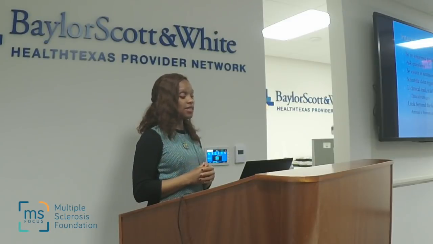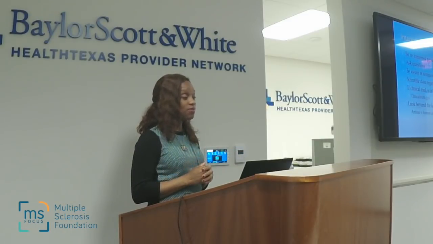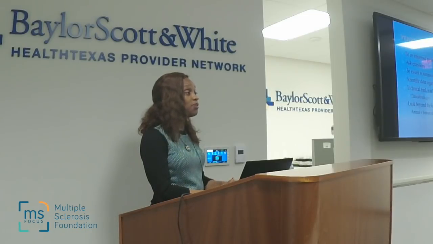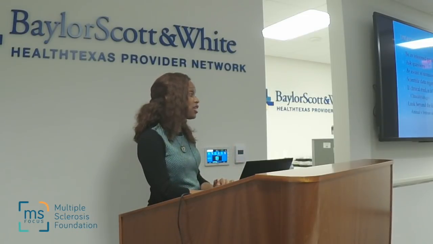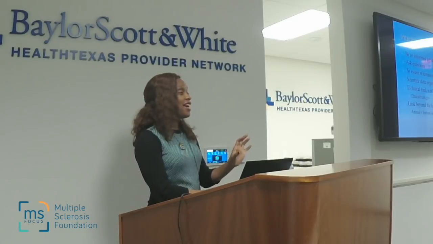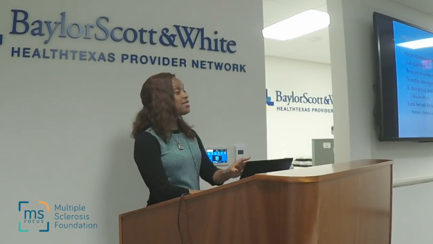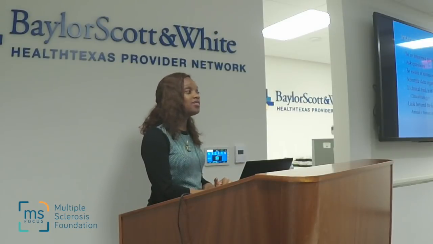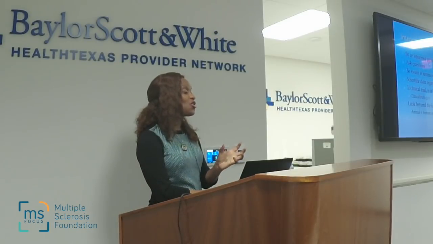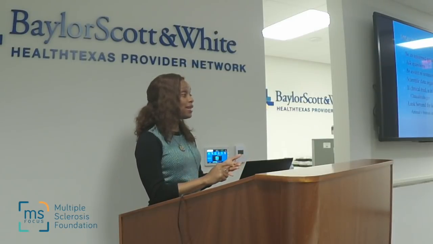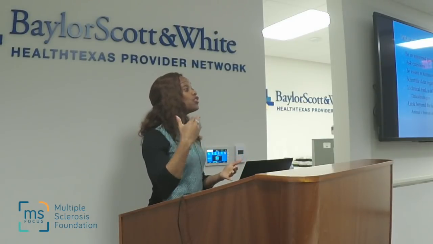Ask for scientific data regarding a specific treatment. If it's a clinical trial that's being offered, make sure that it's FDA regulated. Every trial that is done in the US is listed on clinicaltrials.gov. That's how you know that it's a trial that has been approved by the FDA. There's an oversight.